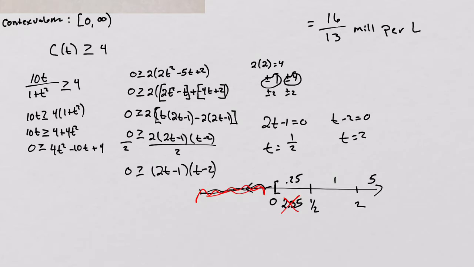When I plug 1 in there, what I actually get is 5. Well, that actually works. That's good. Then when I plug 5 in there, I get 3. Well, 3 doesn't work. So my only solutions are going to be from a half hour to 2 hours.